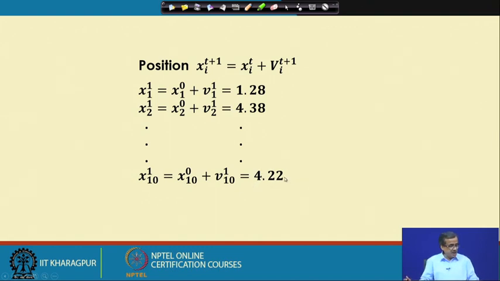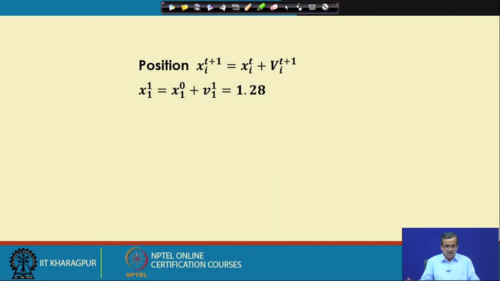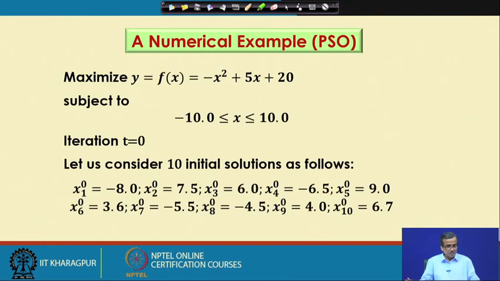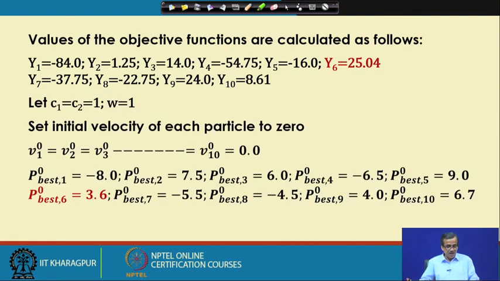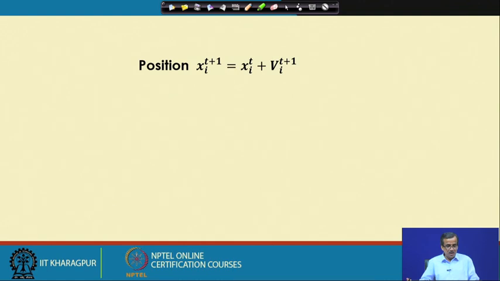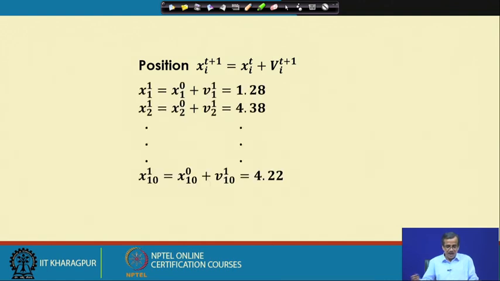Now, if I see the initial position, let me go back. So, this was my initial position, the starting position for all 10 particles. Now, at the end of this iteration, I am able to find out what should be the position of the 10 particles.